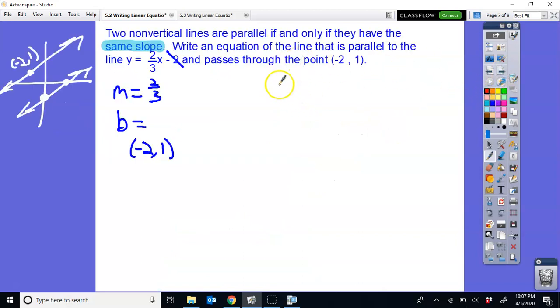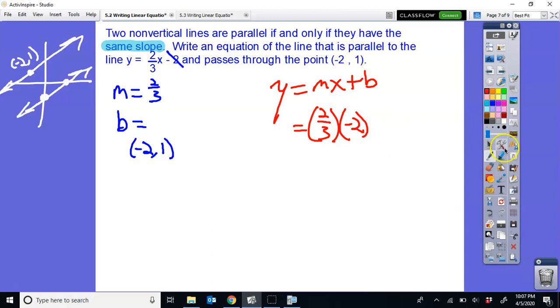So again, we're using y equals mx plus b. We know that m is 2/3. We know that x is -2 and y is 1, but I don't know what b is. So I'm going to remind you again what I just did.